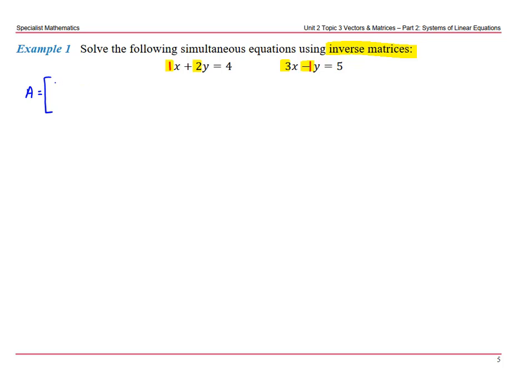So A is 1, 2, 3, negative 1. Our variable matrix is x and y, and matrix B, our constant matrix, is 4 and 5.